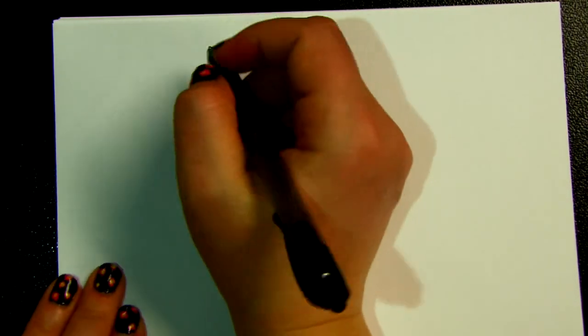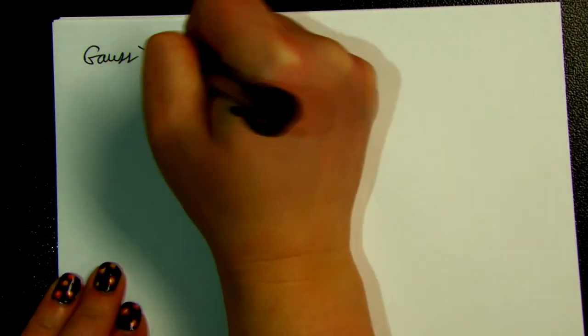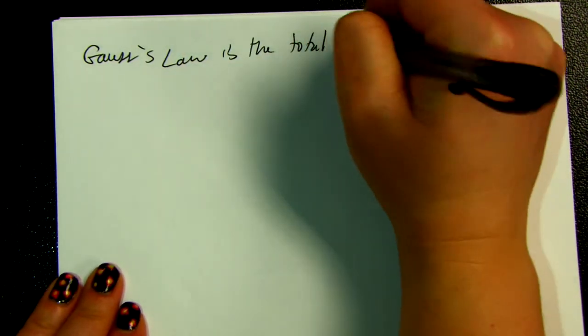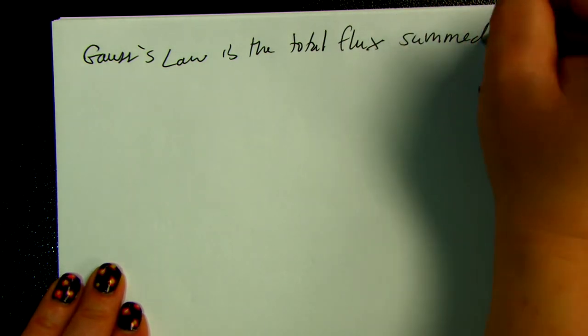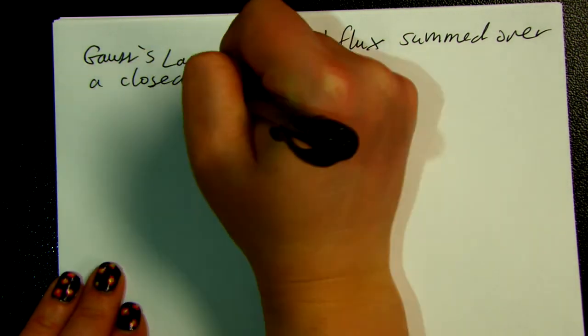So, what Gauss's law is describing, ooh, that's really crooked. There we go. All right, so Gauss's law is the total flux summed over a closed surface.